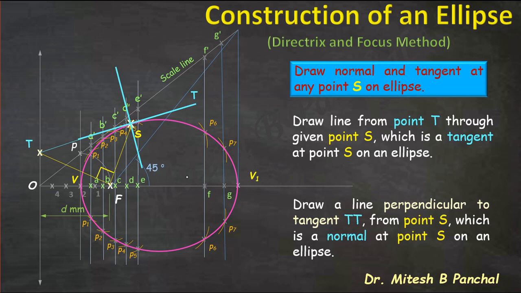So that line will be the normal, that is denoted as N. So this is the procedure to draw normal and tangent on a point on ellipse which is constructed using directrix and focus method.